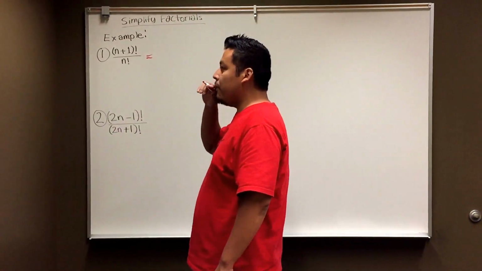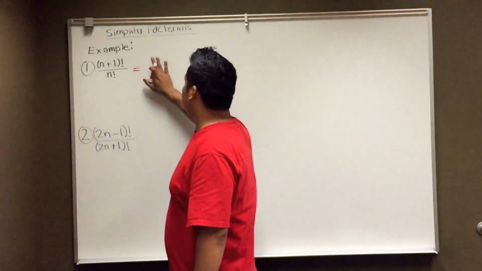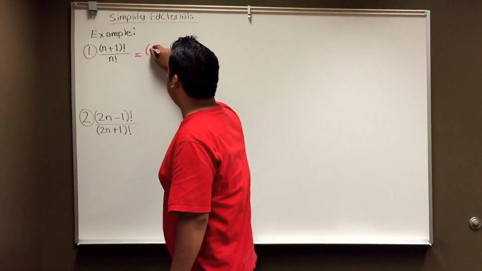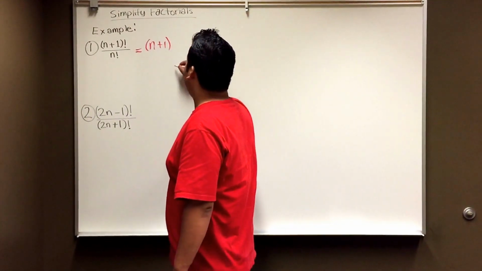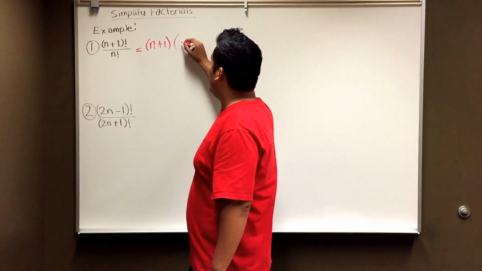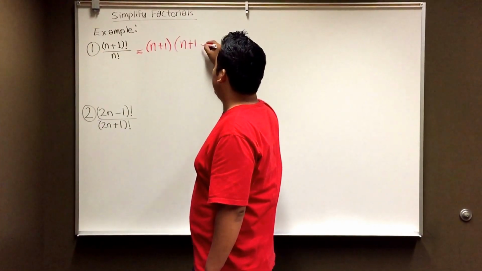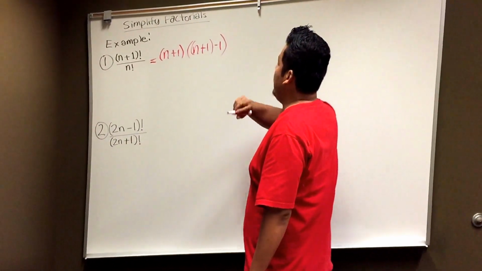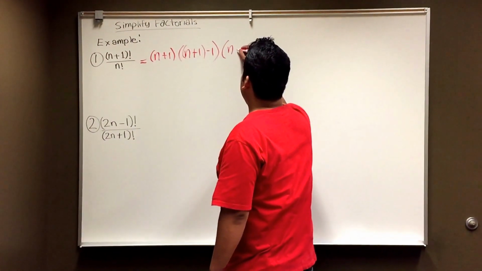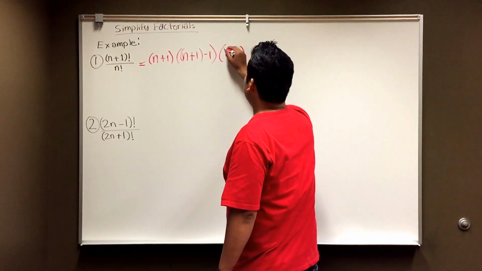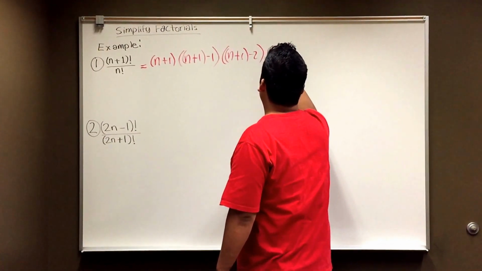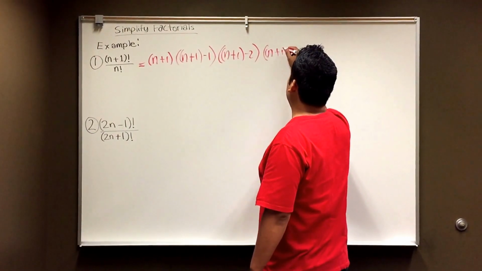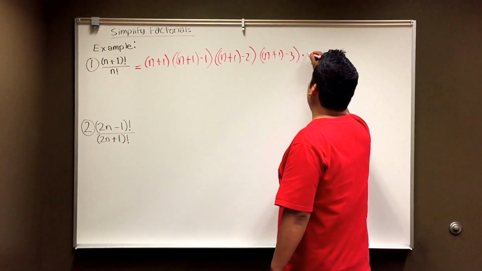So if you remember the examples we did a few seconds ago, the first factor will be identical to our n plus 1. And then our second factor will be simply n plus 1, and then we have to take away 1 from it. And then we keep doing this, n plus 1 taken away 2, n plus 1 taken away 3, and so on.